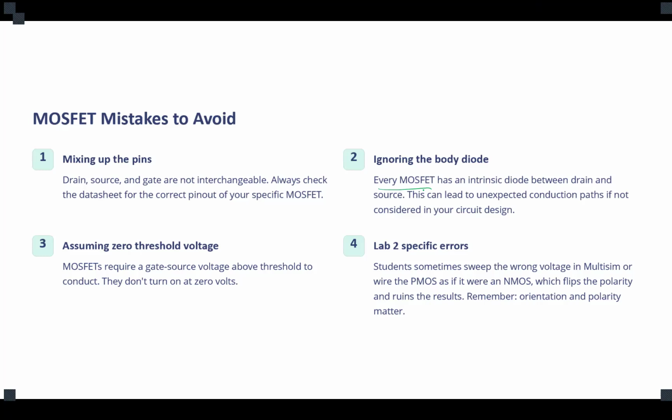So you have a bypass diode. Be careful about that. Because if it's conducting and you don't consider that in your circuit design, then you would have an error in your output. You normally would not have such a problem. It's not going to affect much in the lab assignments, but be aware of that.